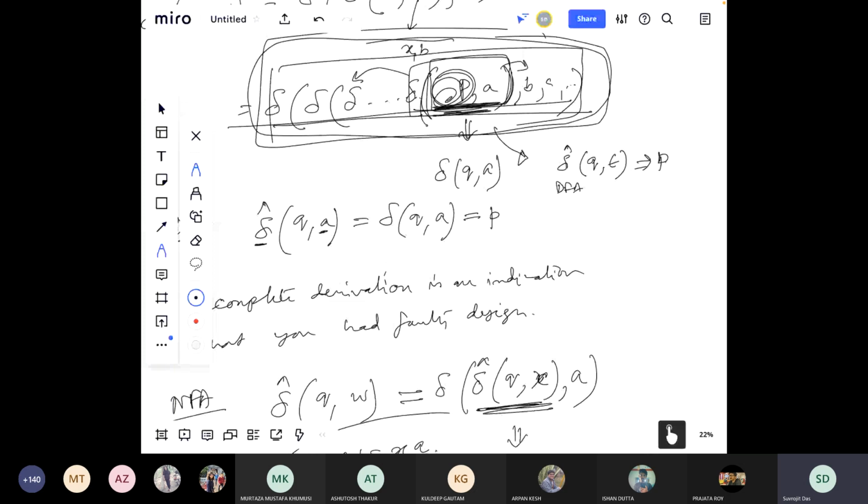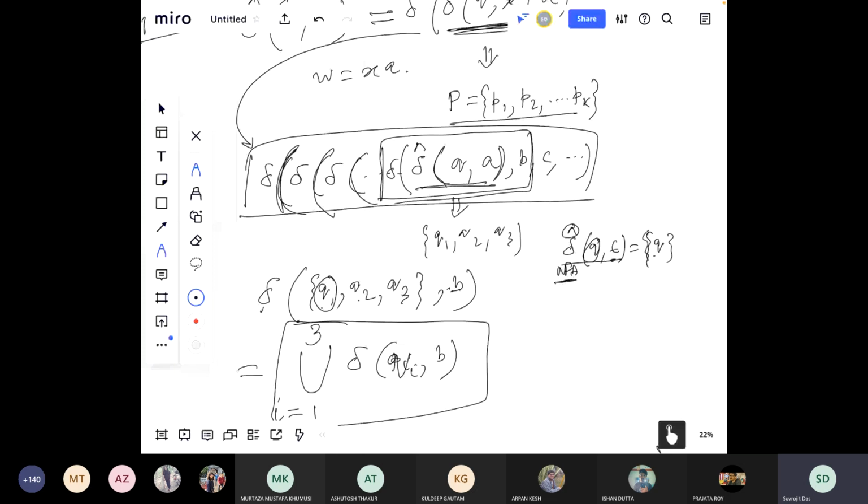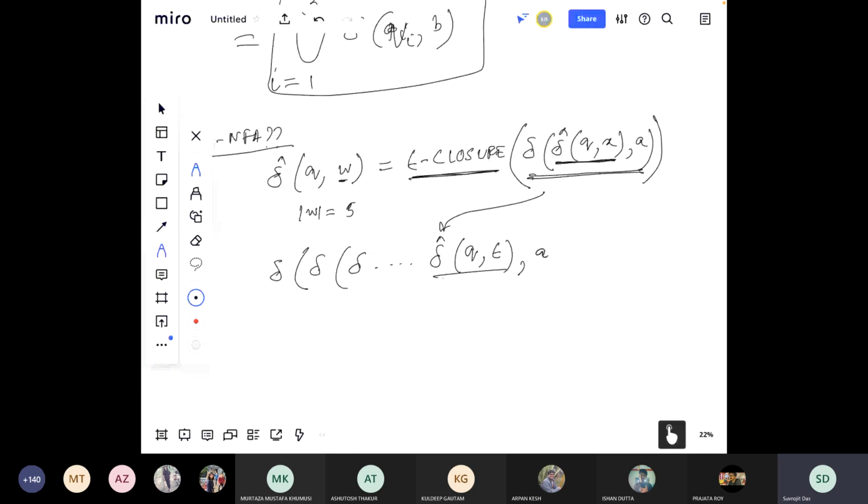So del hat of q comma epsilon is q. I write it in curly braces because this is an NFA, and I don't write curly braces, rather write simply, because this is a DFA. But in case of an epsilon NFA, the innermost core part of the recursion stands out something like this, right? Yes, agreed?